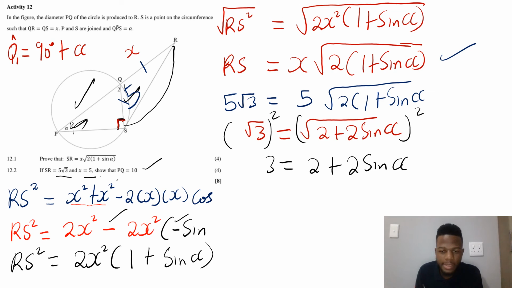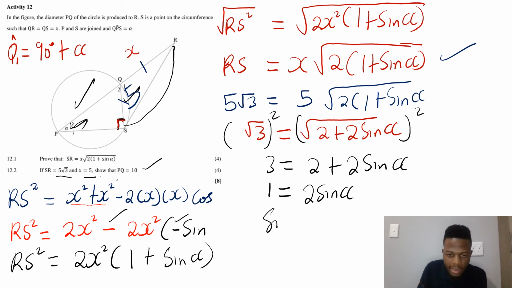All right, then you can take 2 to the other side, it will become 3 minus 2, which is 1, equal to 2 sine alpha. Then we divide here with 2, and sine alpha is going to give us 1 over 2. Then our alpha is going to be what?